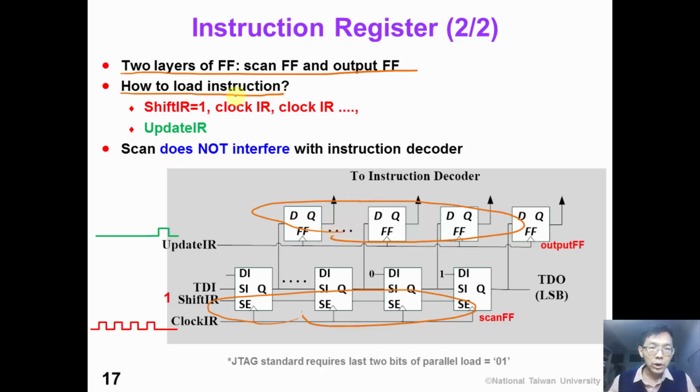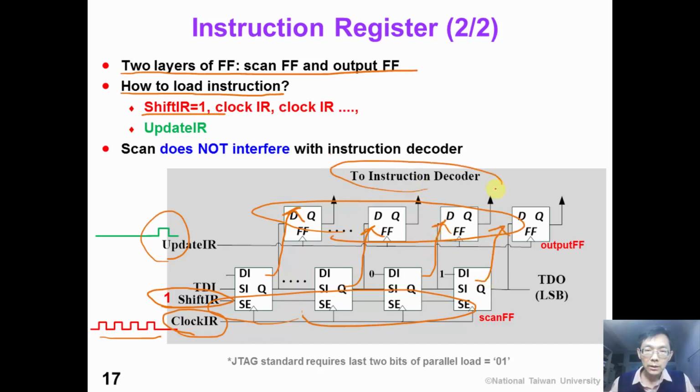So how do we load the instruction? First, we hold the control signal Shift IR to 1 and we pause the clock IR. After we have loaded the instruction, then we pause another clock update IR so that we update the instruction into the output flip-flop, which is then sent to the instruction decoder to generate control signals.